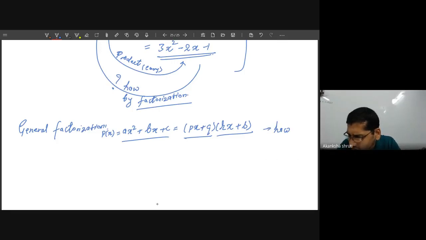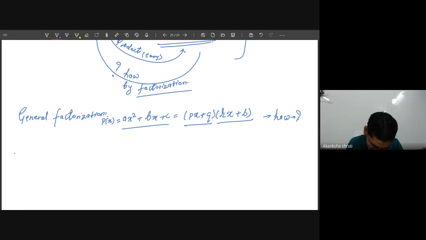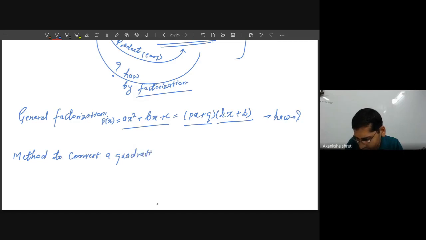That method is called splitting the middle term, a method to factorize, a method to convert a quadratic polynomial as a product of two linear factors.